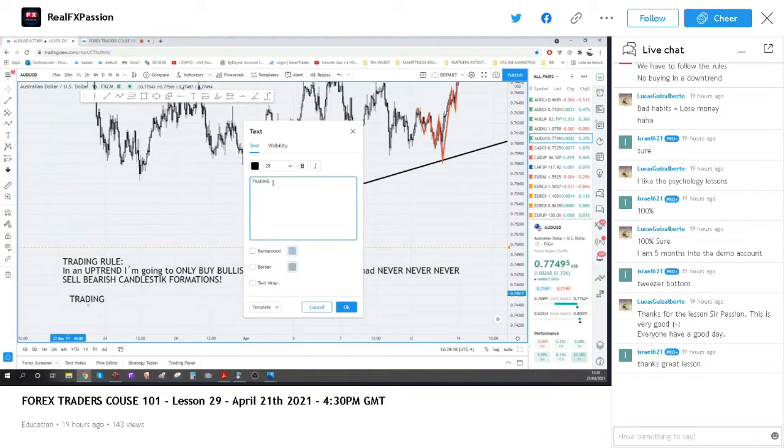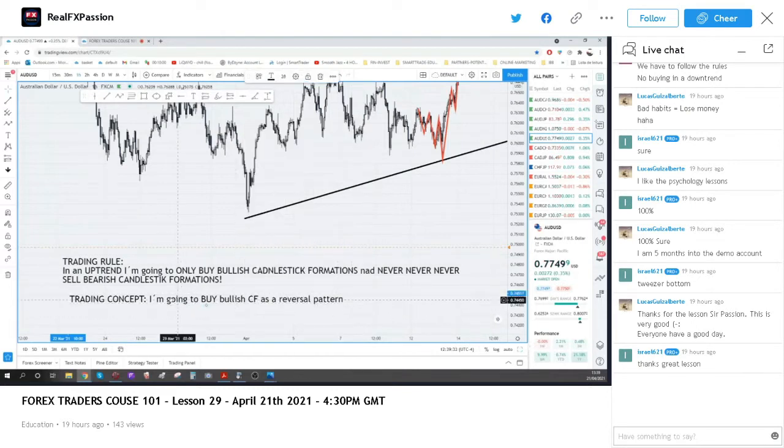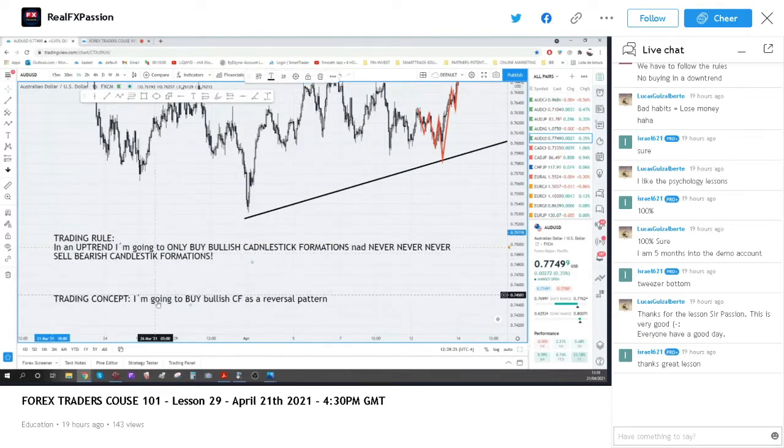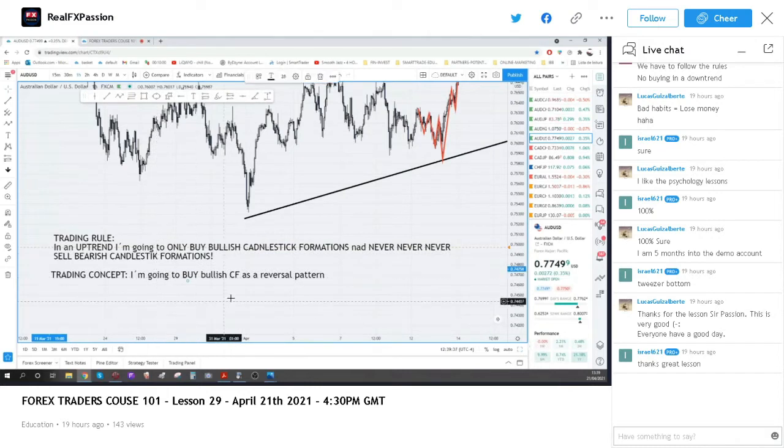You know, I am going to buy bullish CF, CF stands for candlestick formations, as a reversal pattern. Okay, it's a concept, it's not a rule per se, but I'm going to buy bullish candlestick formation as a reversal pattern. What does this mean?